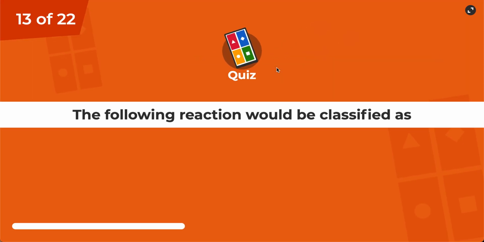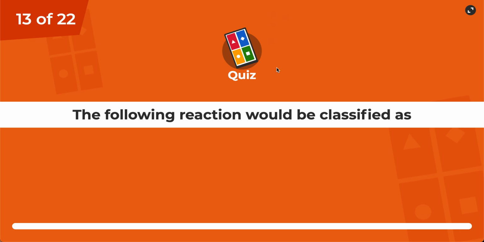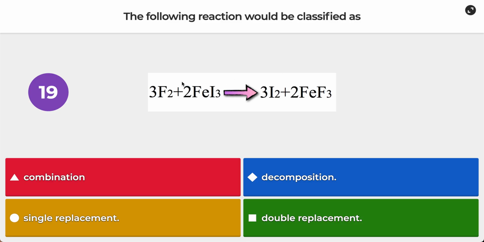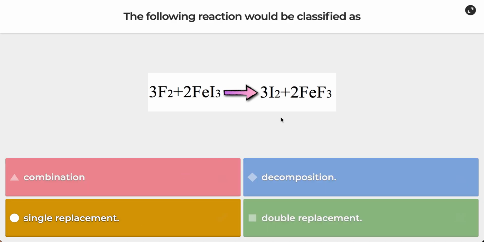Next up, the following reaction would be classified as what? All right, so we have fluorine reacting with iron iodide to form iodine and iron fluoride. So we have ions swapping places, but it is just one anion, so it's going to be a single replacement.